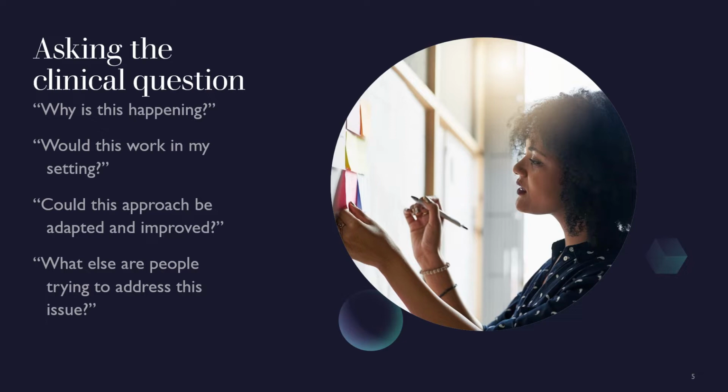And then what else are people trying to address? What else are people doing to try to address this issue? In addition to what's proposed in the article, oftentimes in the section towards the end of a journal article where they go into some of the constraints of the intervention or some of the limitations of the study, they can identify possible additional areas of investigation.